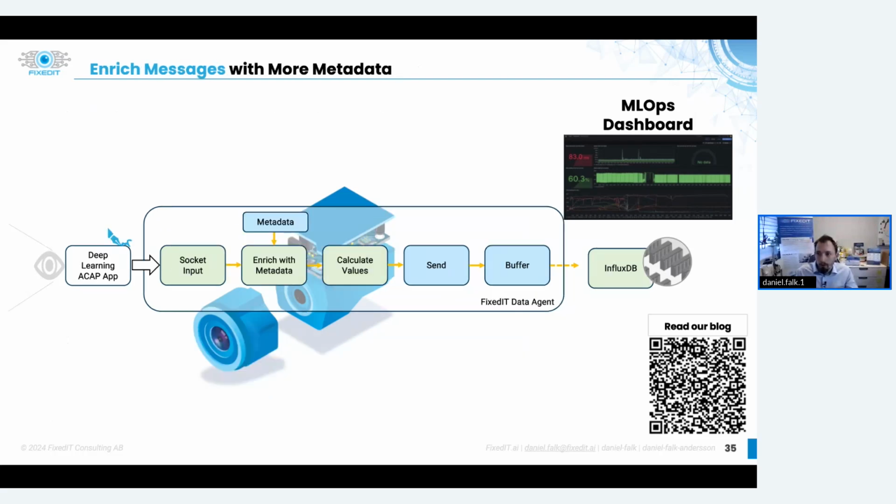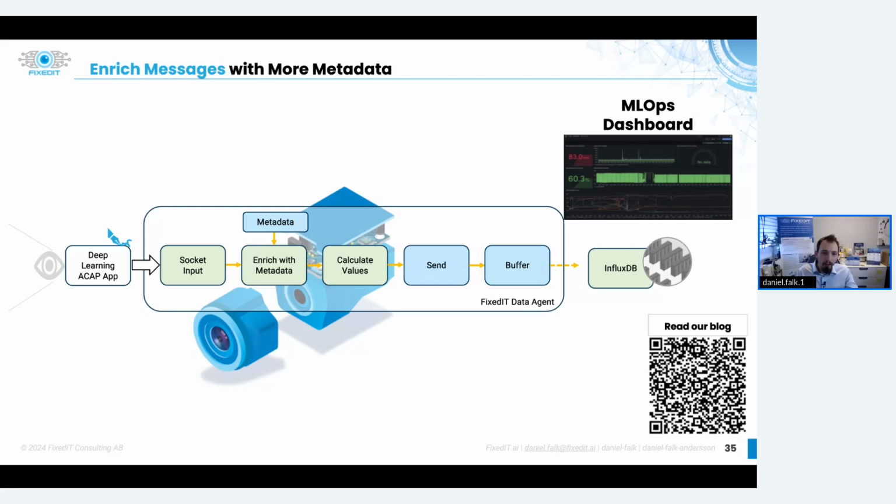And another thing we also did in this MLOps project in the blog post is that we enrich these messages. So we're not only sending the information that the deep learning application is writing to us, we are also enriching it with a lot of information about the camera, such as what is the serial number of the camera, what is the internal IP address of the camera, what is the external IP address of the camera, for how long has this camera been running, how much available CPU and memory does it have at the moment, and things like this.